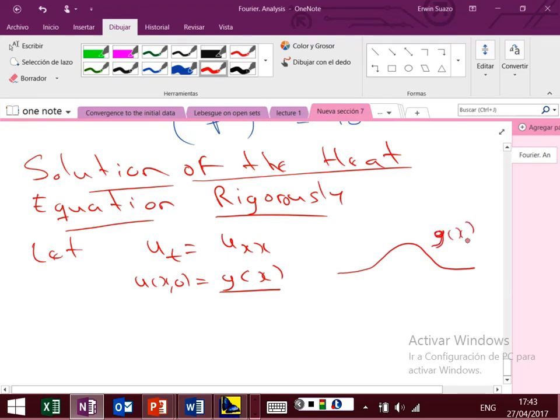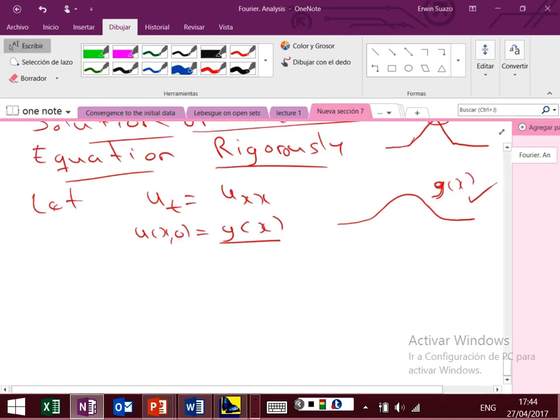So that's a good g of x. A bad g of x will be something like this. If you have that point, you have to go to distribution. Okay? That's why you need functional analysis.